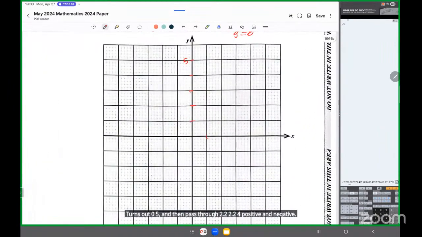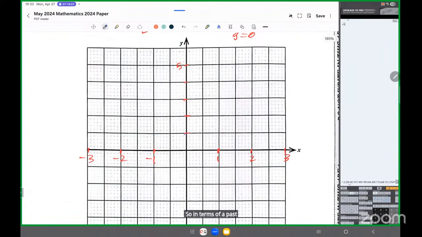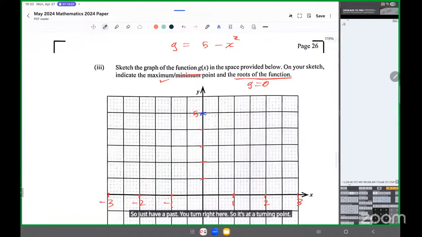Let's put this as 1. Can't make this go wider. Make this be 1, 2, 3, -1, -2, -3. So in terms of where it passes through, it turns right here. It's at the turning point, 0.5. That's where it turns.